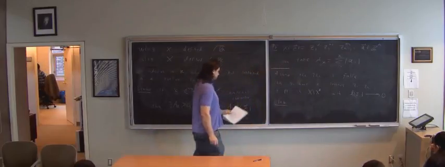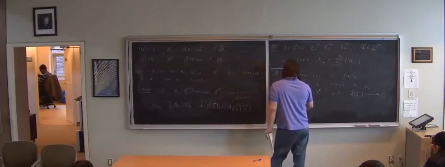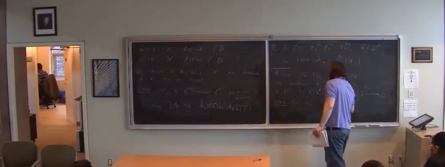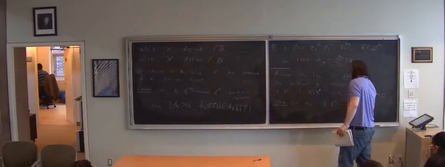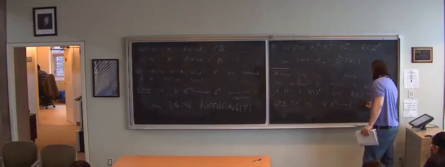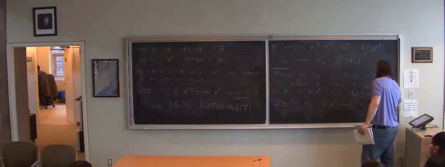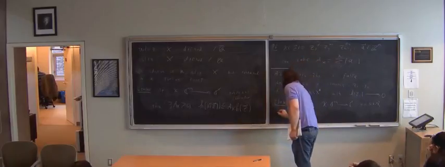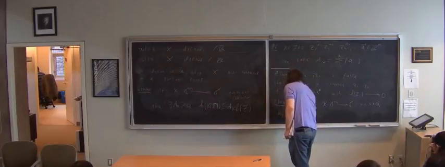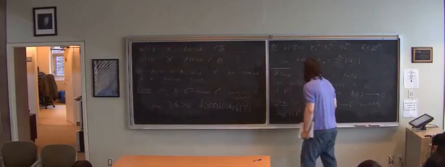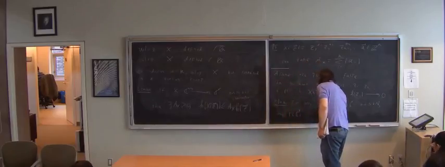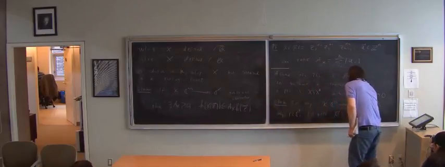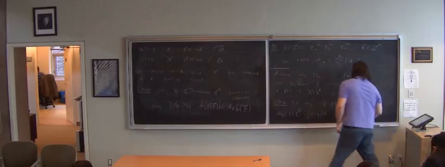So, claim: for any non-trivial algebraic character chi, and any element r in C star, for big enough i, chi of z_i is not equal to r.